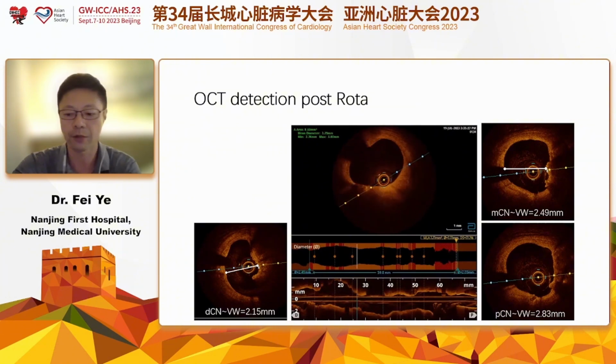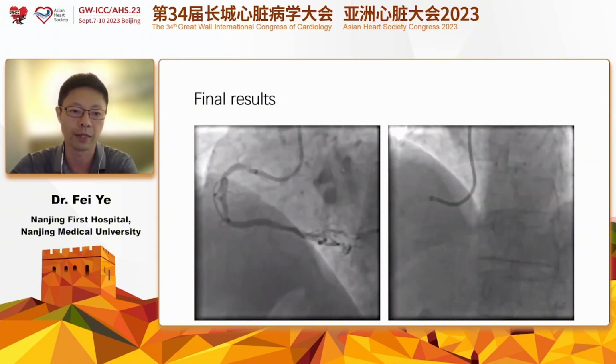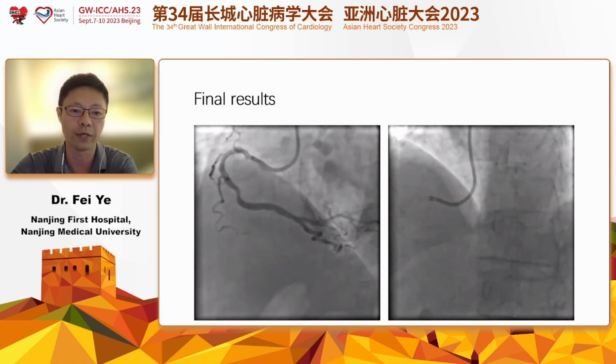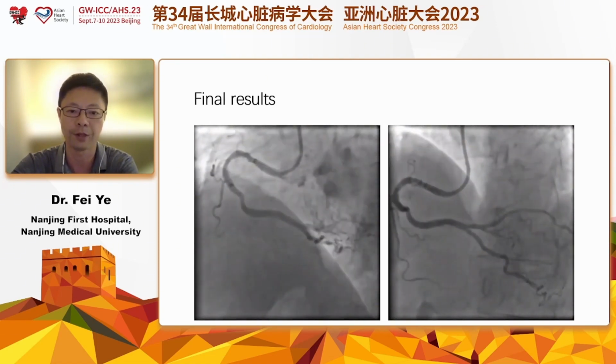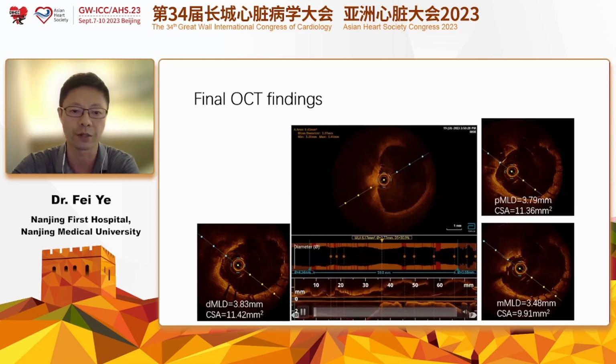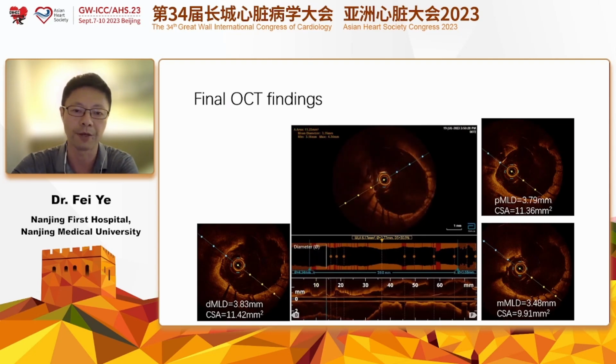After that, we put in a 4.0 stent with 4.5 NC balloon post-dilation, and we checked the OCT again. We could see the stent expansion was very good, based on the MLD MAX criteria.